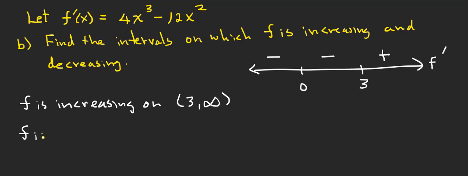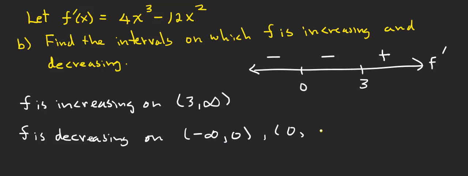Now, when is f decreasing? f is decreasing on negative infinity to 0 and 0 to 3. And what will be your justification? Because f prime is negative on those intervals.